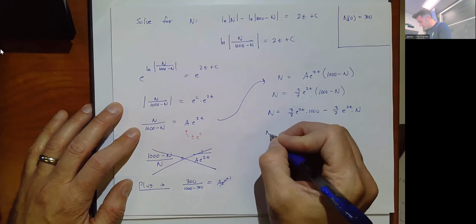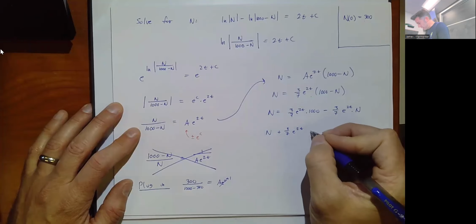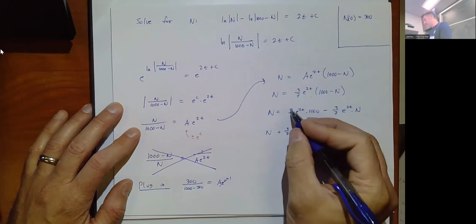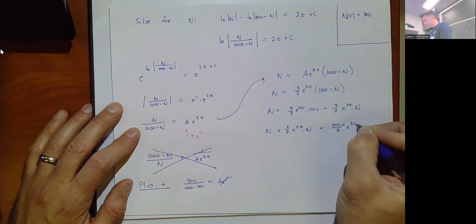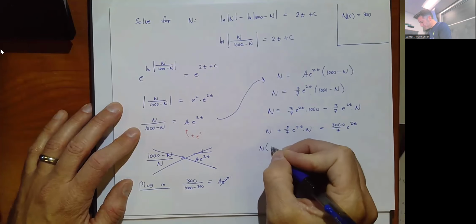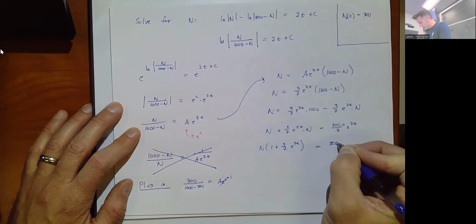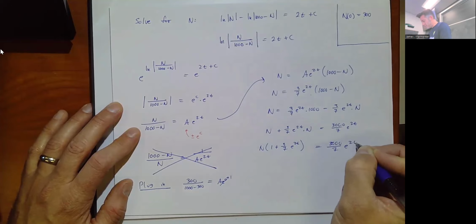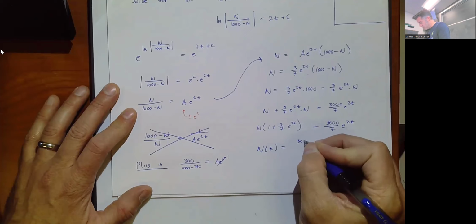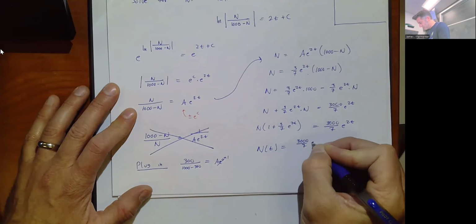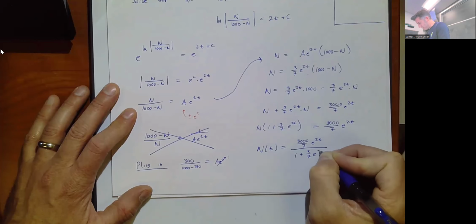Now you've got N plus 3/7 e to the 2t times N equals 3/7 times 1,000, which is 3,000 over 7, times e to the 2t. Factor out the N and divide by what's left over. So N as a function of time is equal to 3,000/7 e to the 2t divided by 1 plus 3/7 e to the 2t.